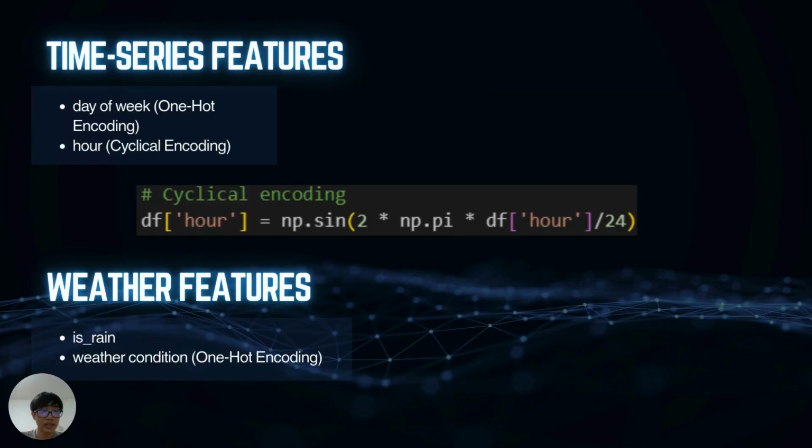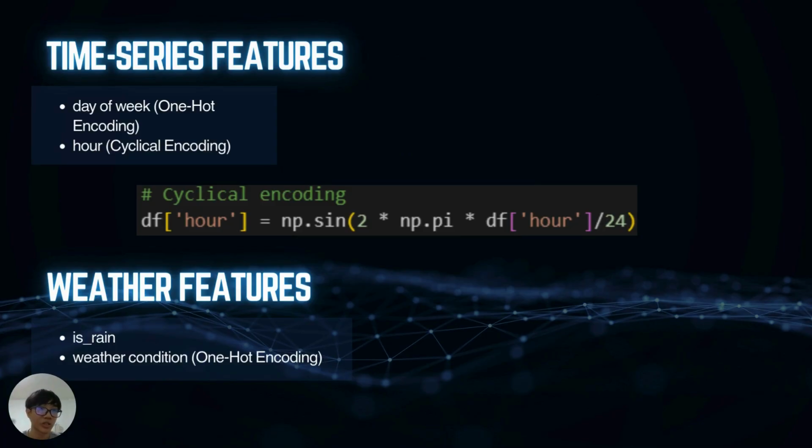And we also include time series features. For example, day of week, which we one-hot encode, and hours from 0 to 23. But hour is not a ratio, it's an interval, and it's also a cycle, where 0 and 23 are actually 1 hour apart.